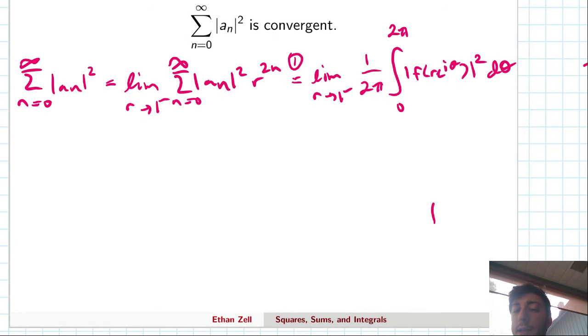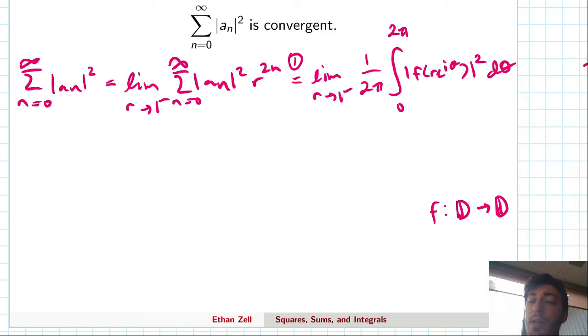But the clutch part from the first piece that we didn't even use is that this f, well, I guess we used it implicitly when we took out the sums from the integral, when we used the integral's linearity in the infinite sums. The key piece here is that f is really a function from the disk to itself, right? So it's bounded, namely.